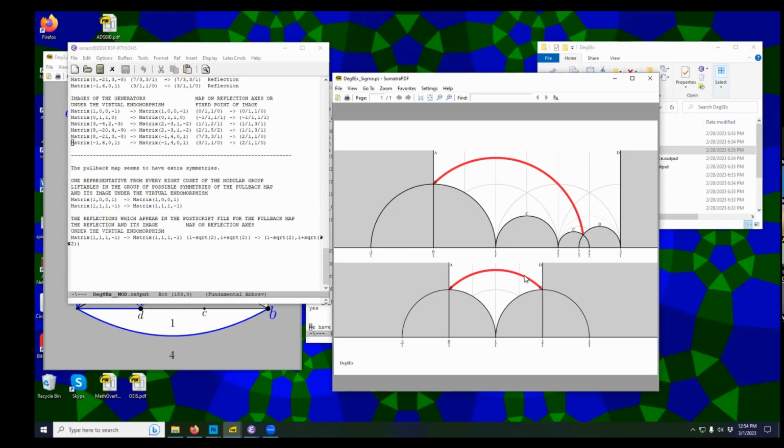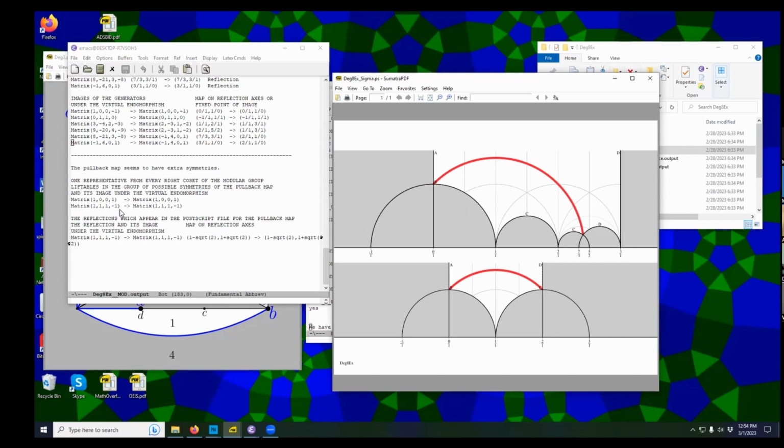The pullback map, in other words, commutes with this reflection, just as it commutes with this reflection and this reflection. This is an unusual pullback map. It commutes with a dihedral group of order 8. We have a dihedral group of order 8 fixing I. So now the question is, where does this thing come from?